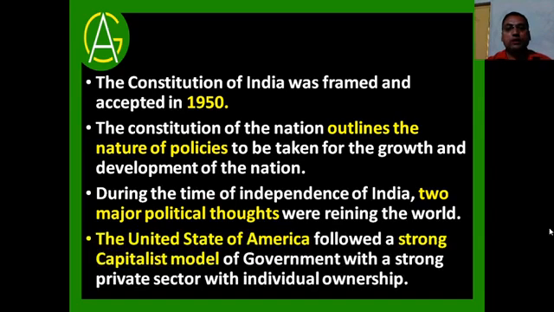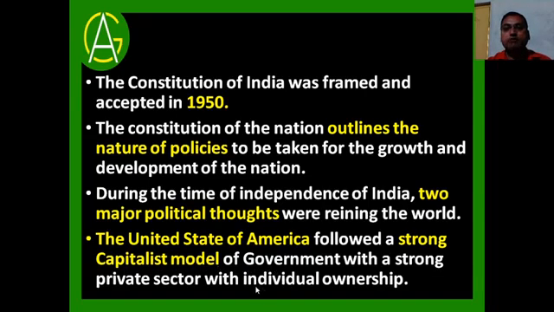Some were strong followers of the capitalist model and the others were following the socialist model. Capitalist model means all privatization. The private sector should be working well in the economy and the government's role is very minimum. Such a model is considered the capitalist model.